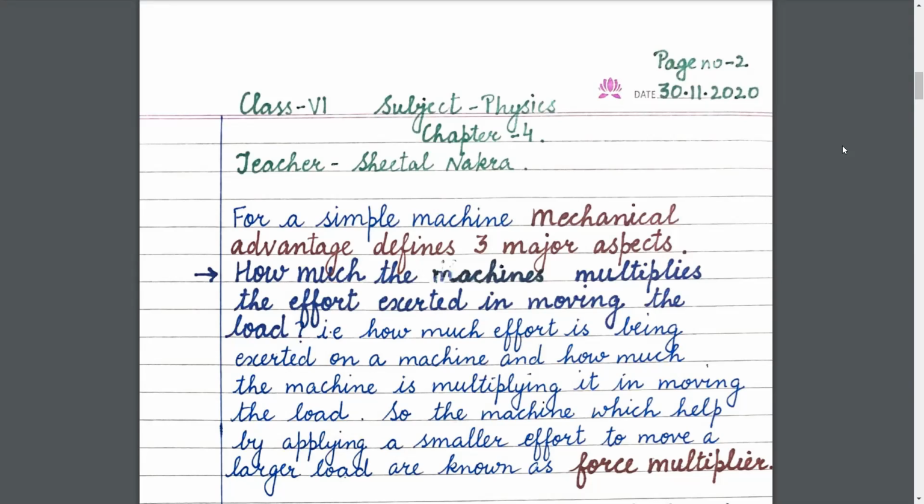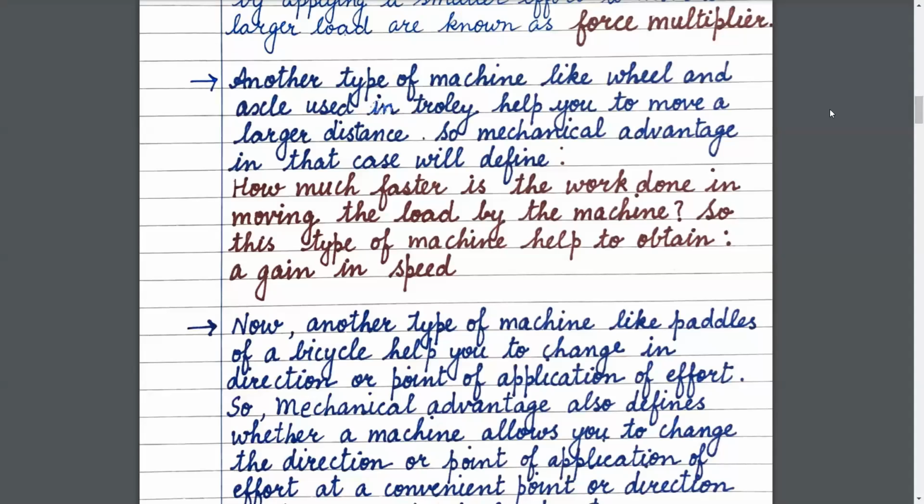So, the machines which help by applying a smaller effort to move a larger load are known as force multipliers. Another type of machine like wheel and axle, which is used in a trolley, helps you to move a larger distance.